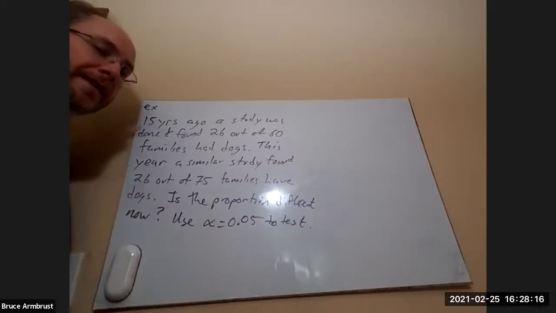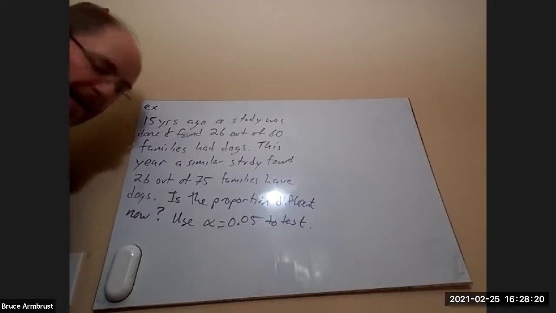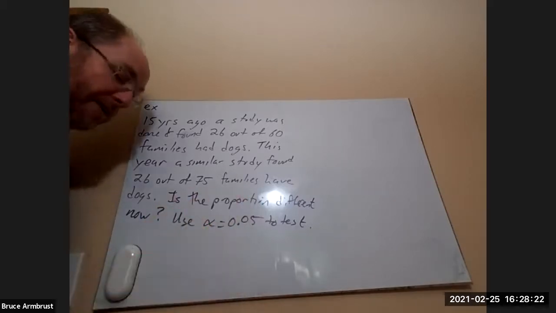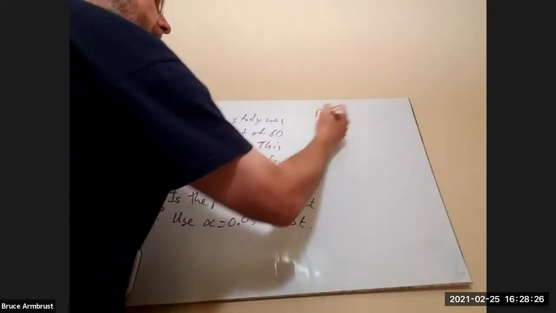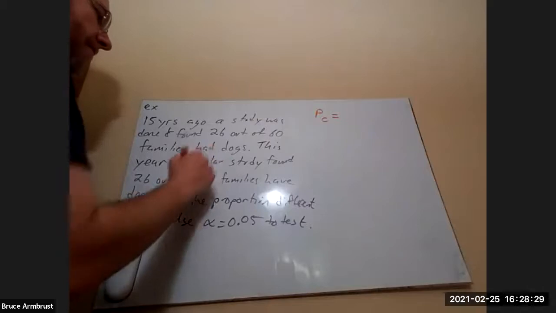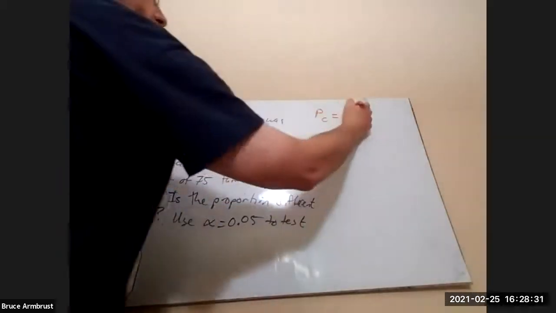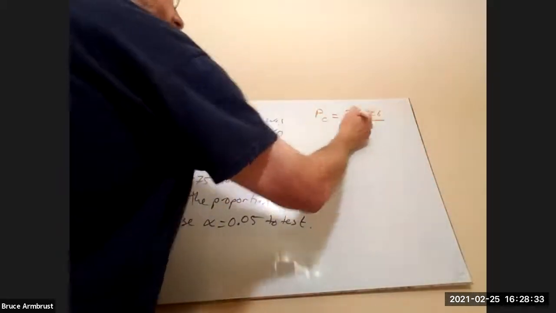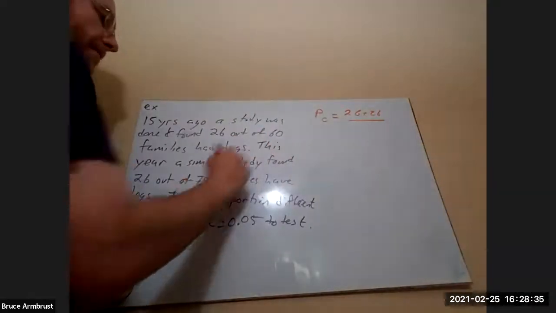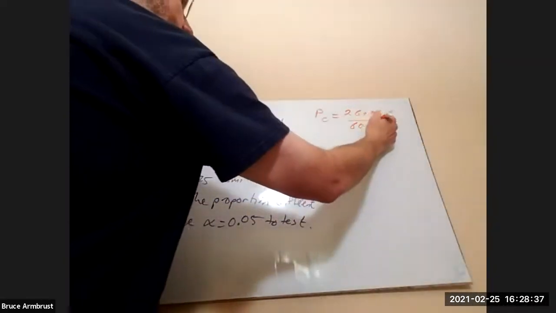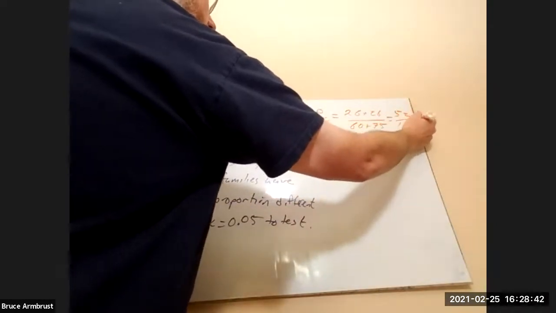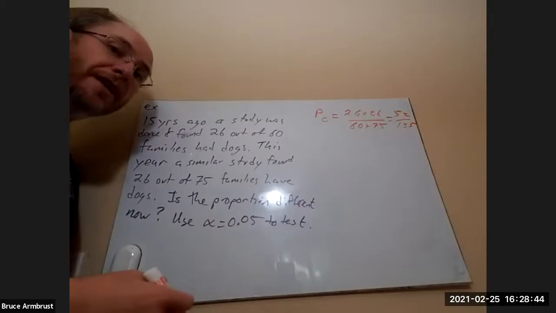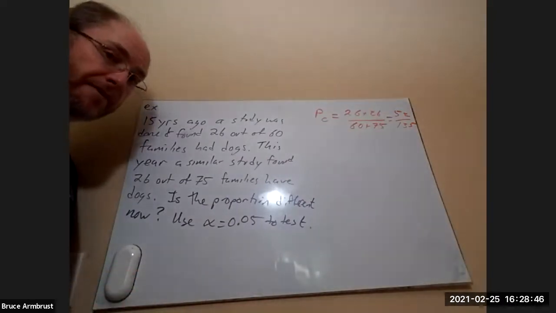Okay, so to get back to that idea of the pooled proportion, if we were to do that, let me just show you. Again, we don't need to do this, but if you were to do it, the pooled is found this way. You take the total number of successes. So we had 26 plus 26 over the total number of tested groups, so 60 plus 75. So this would be 52 out of 135. So that's our pooled proportion.